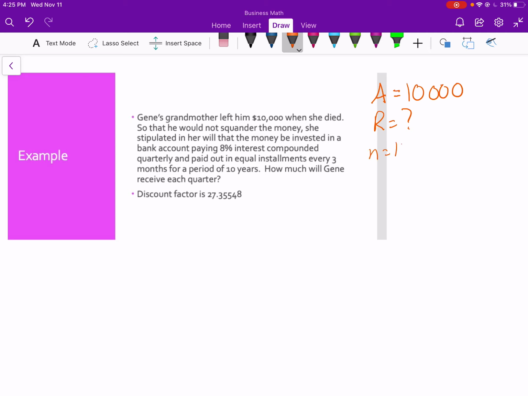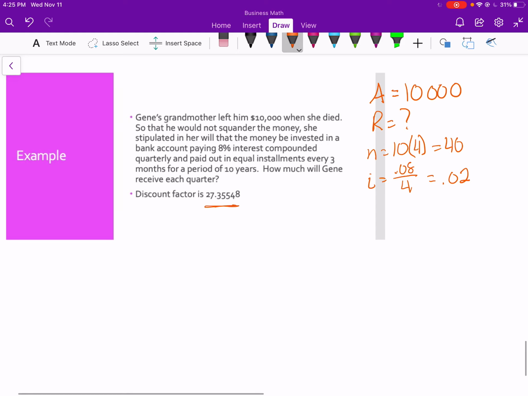N is equal to 10 years times 4 quarters in a year, so we have 40. Our I is 8% yearly divided by 4, which gives us 0.02. So we get our discount factor using our table. We set up our equation: we know that the present value 10,000 is equal to R times 27.35548.